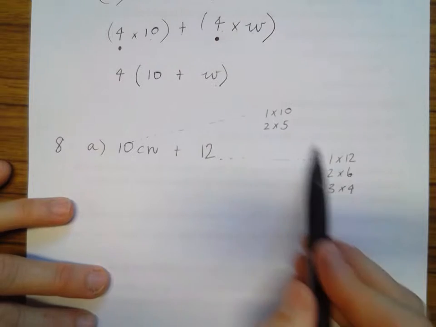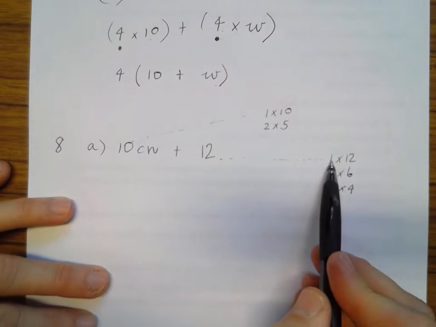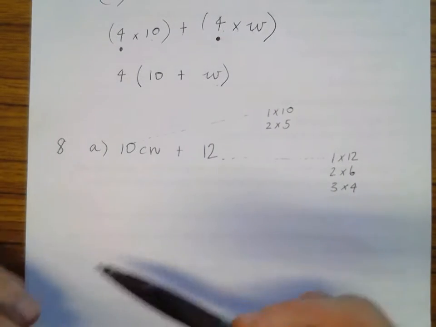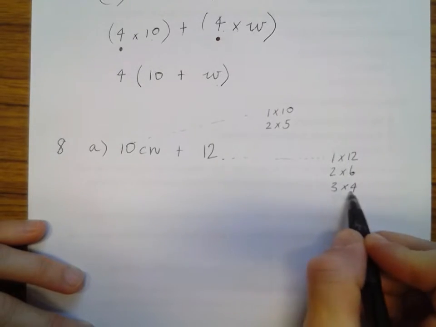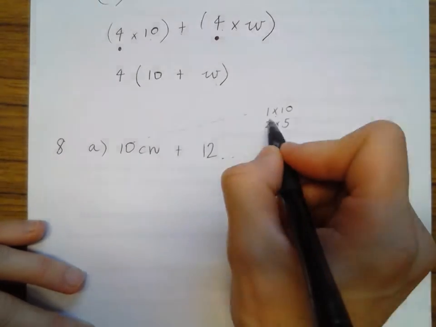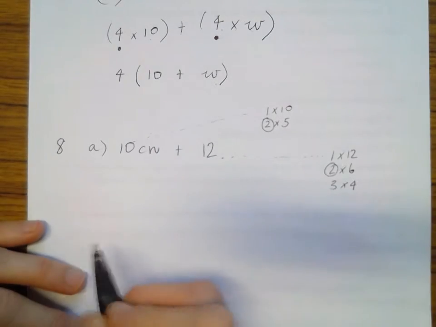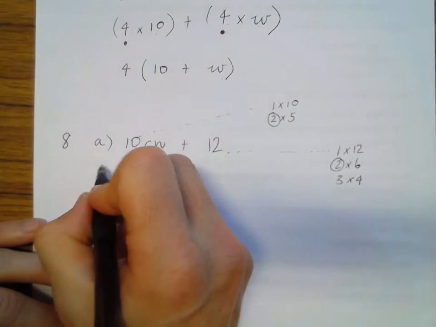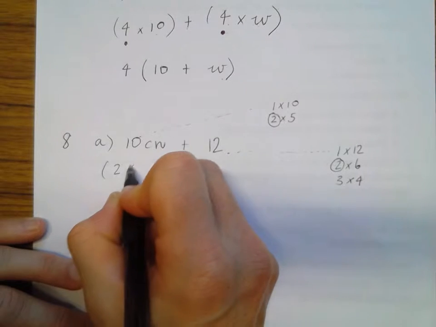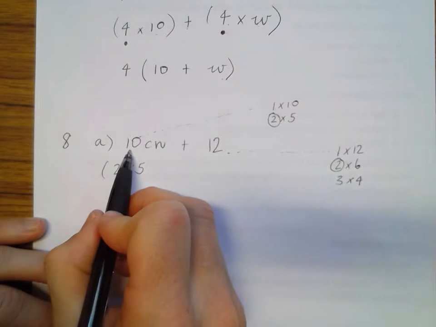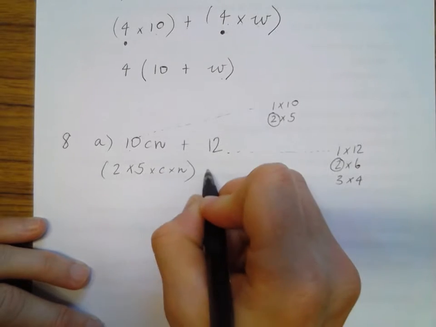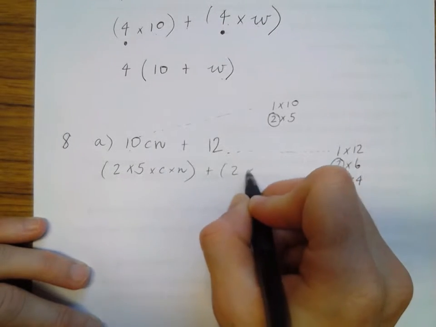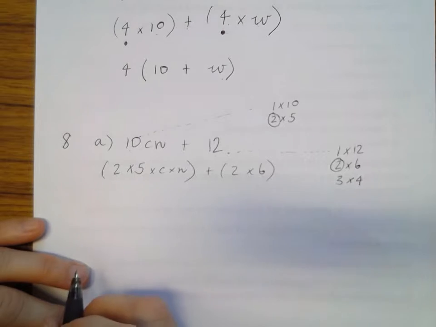Alright, so 1 is always going to be common between two factors, but we don't want 1. We need to find the highest common factor. Okay, we know this is the highest here, but there's no 3 or 4 sitting up here, so we're going to choose our options with 2 in them. So this is going to turn into 2 times 5 to make up our 10, times c times n, plus 2 times 6 to make up our 12.